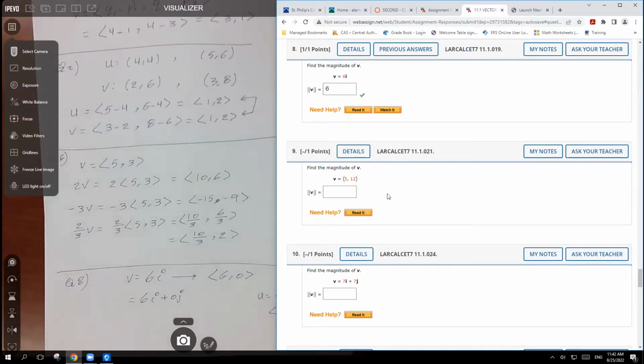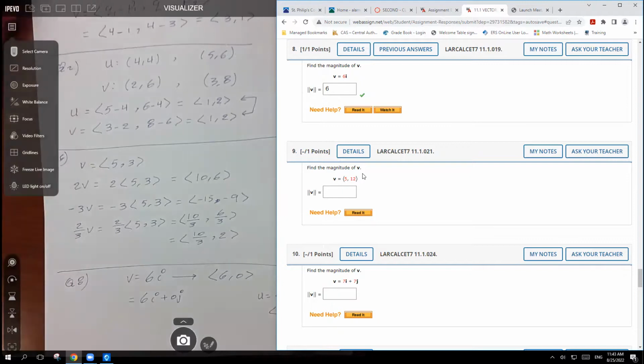Now, if you have a vector, like 5, 12, how are you going to find the length? Use the distance formula, but how are you going to use it? It's up to you. You have more than one option. Do you have to use the 0, 0? No, because you're just going to say 5 squared plus 12 squared.